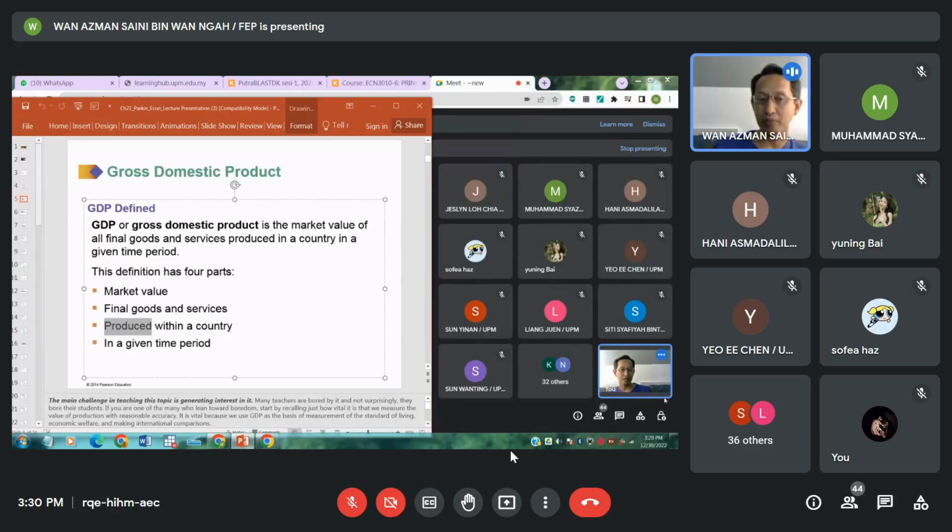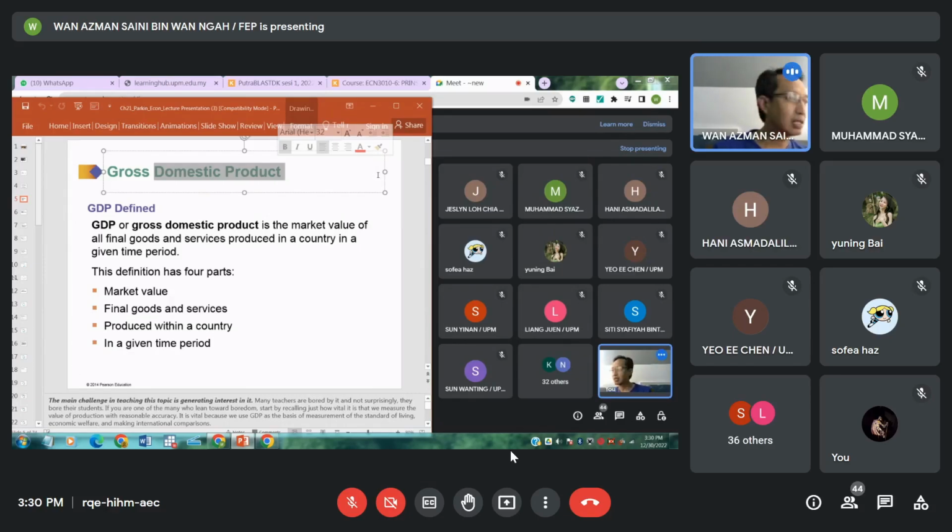These are the most important elements of GDP. There are others, like why gross and why not net, for example. We are going to explain this after this. So GDP is basically the value of domestic output, domestic products, output which is produced locally.